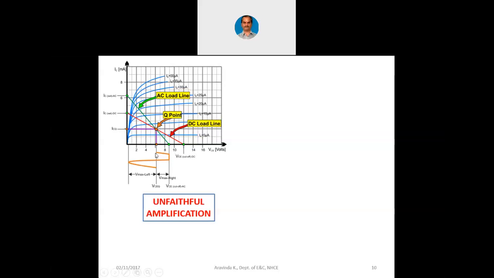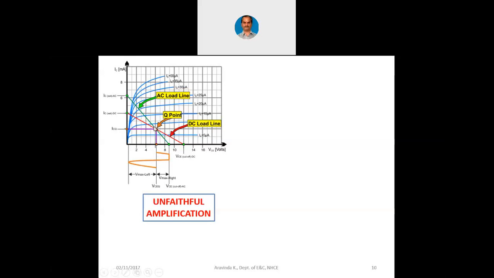In the earlier case, we could presume that the signal could go up to VCC also. Now here, it cannot go beyond this VCE cutoff with respect to the AC load line. But in the negative cycle you can see it can go up to 0, while in the positive cycle it cannot go up to VCC. This is an unfaithful amplification, which means we cannot apply an input signal which is much larger for this amplifier, because we are dealing with a large signal amplification now, right?